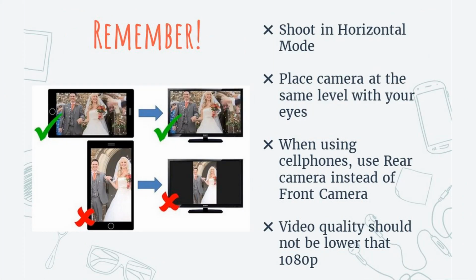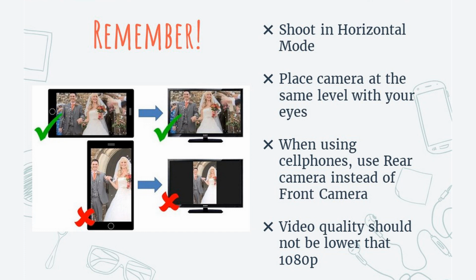Just remember to shoot in horizontal or landscape mode. If you shoot in portrait mode, there will be 2 black empty spaces on each sides of your video, which of course we wouldn't like in our outputs. Place the camera at the same level with your eyes to avoid awkward angles of your face in the video.